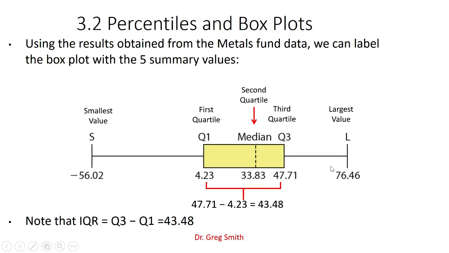Notice the full spectrum range from negative 56 to 76 is over 132. That's quite a bit more. So the outer 50% going all the way up gives us more than 132. Well, that's almost 90 more than this one. So there's a lot more stuff out here, especially on this side.